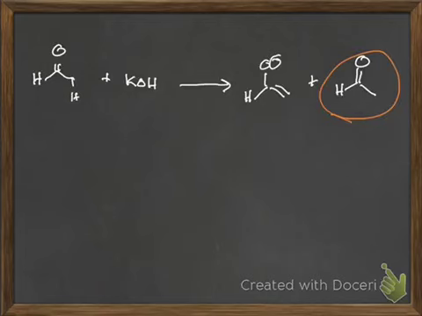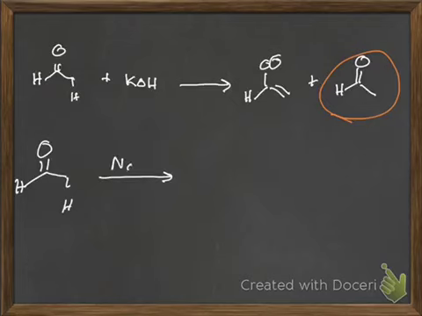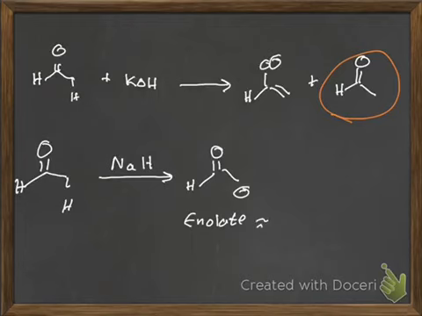So, in situations like this, where you're dealing with an aldehyde or a ketone, sometimes you don't have time or desire to be subtle. Ladies and gentlemen, at this time, you introduce this to the jackhammer, sodium hydride. That is going to give you the enolate at almost 100% conversion.